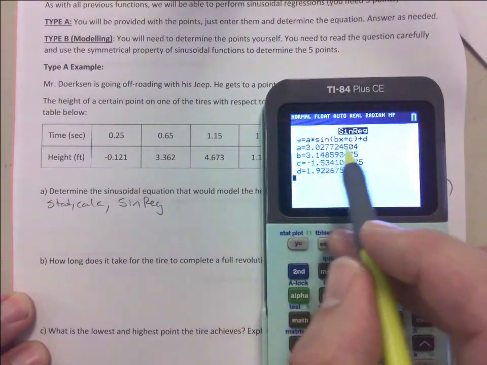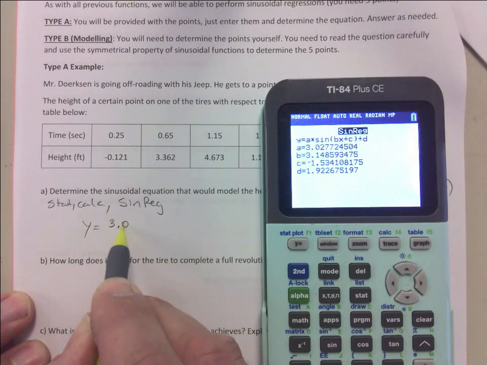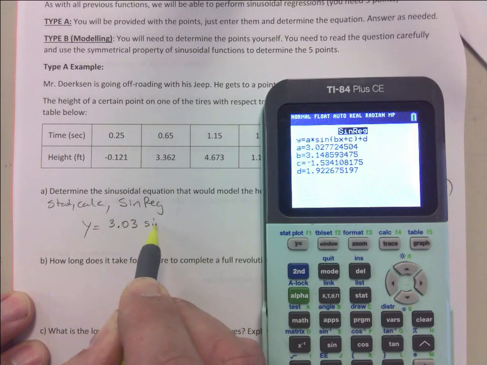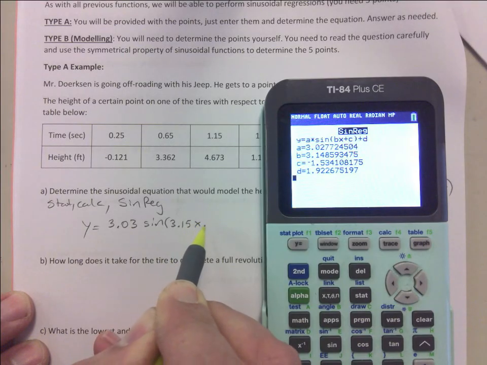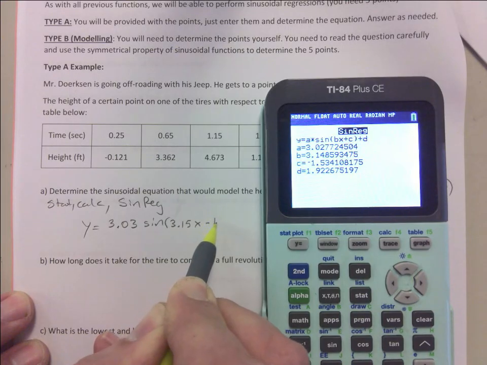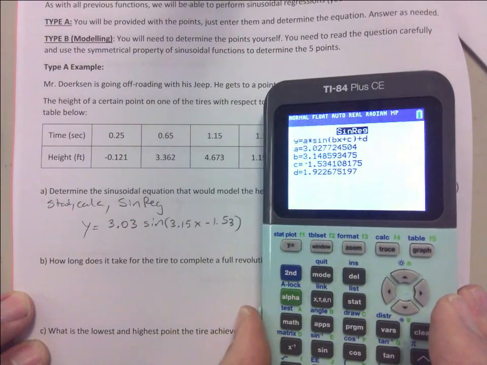Write it down. It gives you the general form. y is equal to 3.03 sine of 3.15x minus 1.53, plus 1.92.